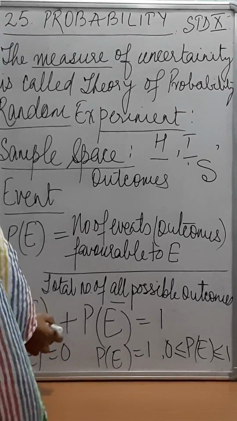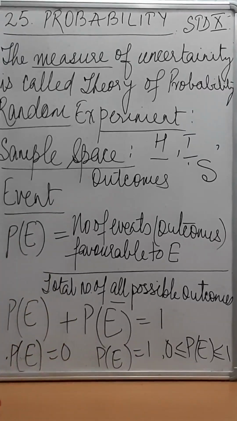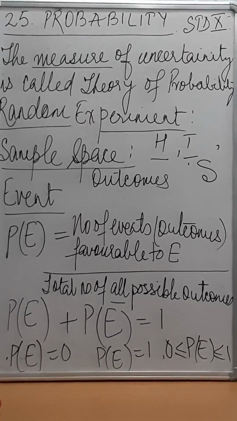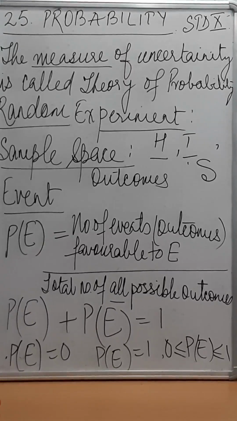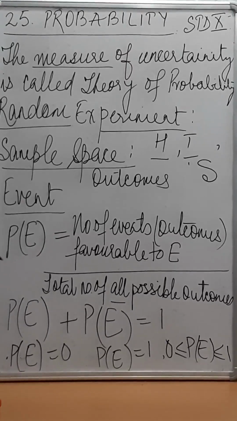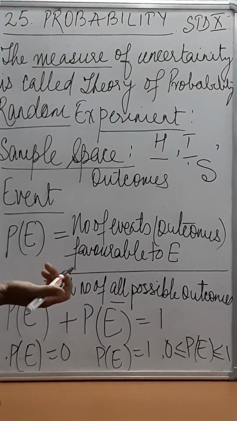Suppose the probability of an event is 0, that means this is an impossible event. For example, in the throw of a die, it is impossible to get the number 7 in a single throw.